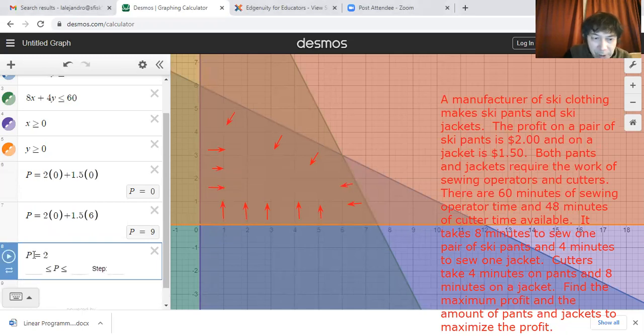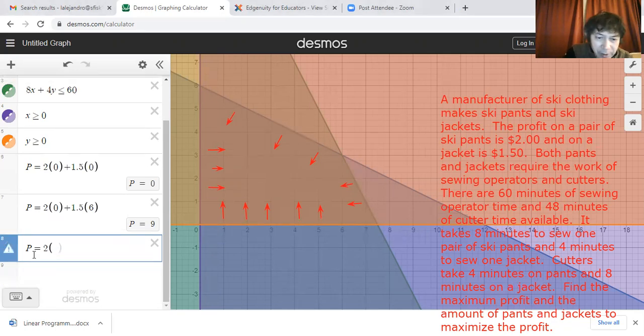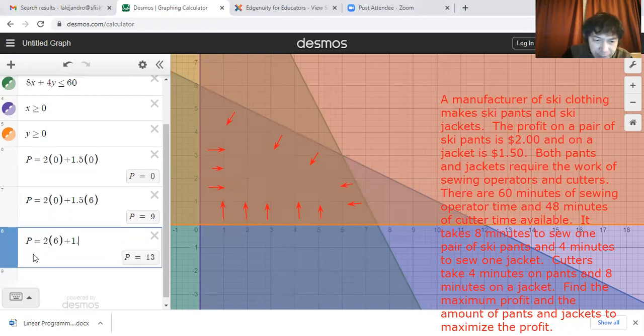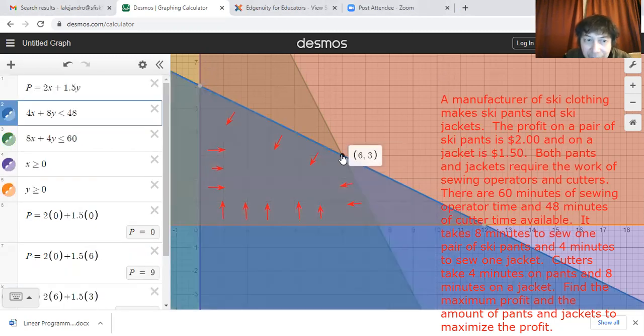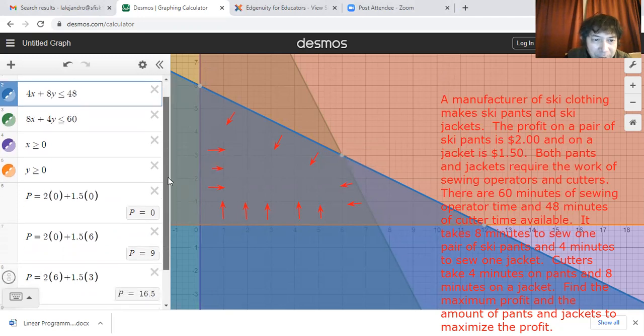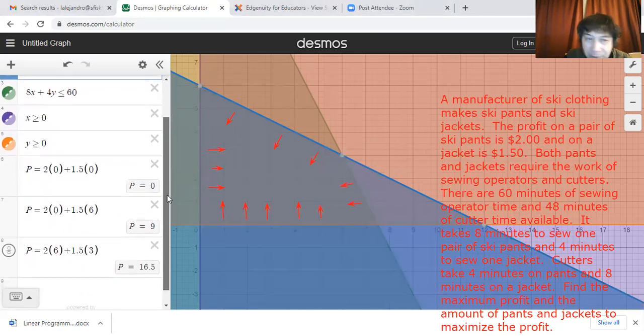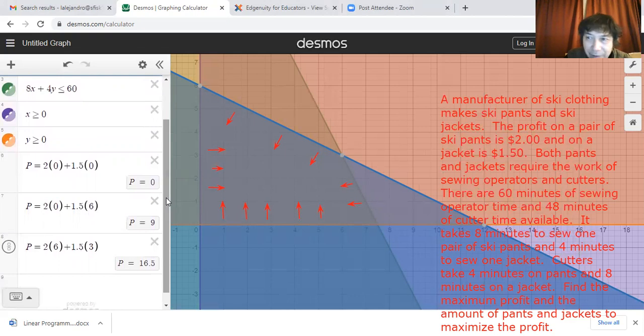Our x is 6, and then plus 1.5, our y is 3. Remember, it's over here, 6, 3. This is our current point, and we shall determine if the profit is maximum there. We have $16.50.